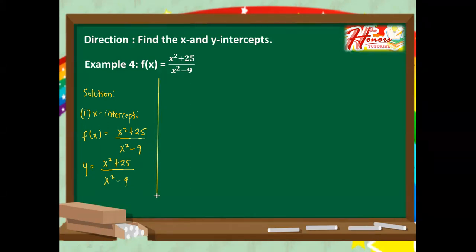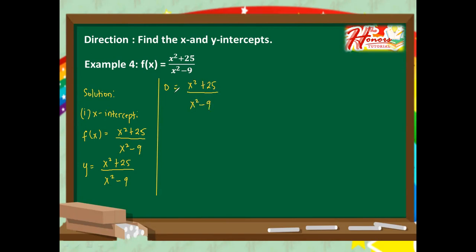And then we have to set y to 0 in order for us to determine the x-intercept. So it will become 0 equals x squared plus 25 over x squared minus 9.